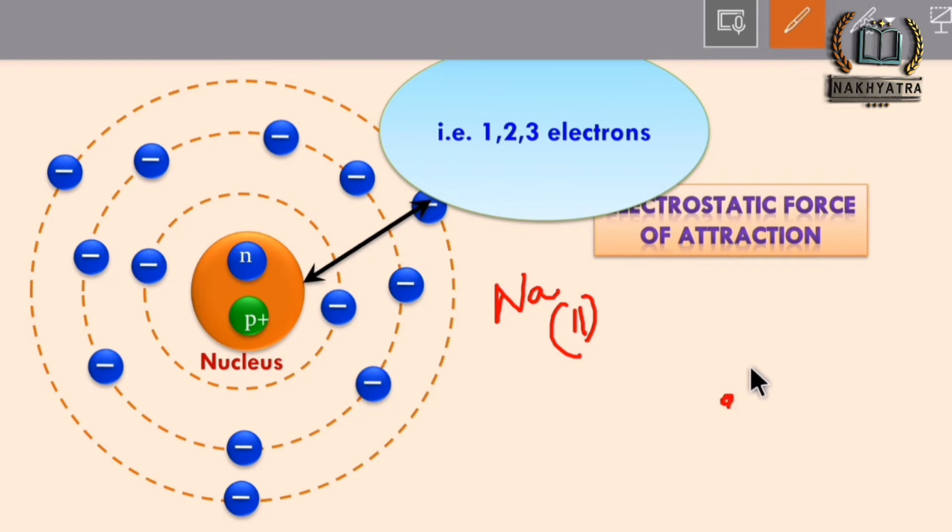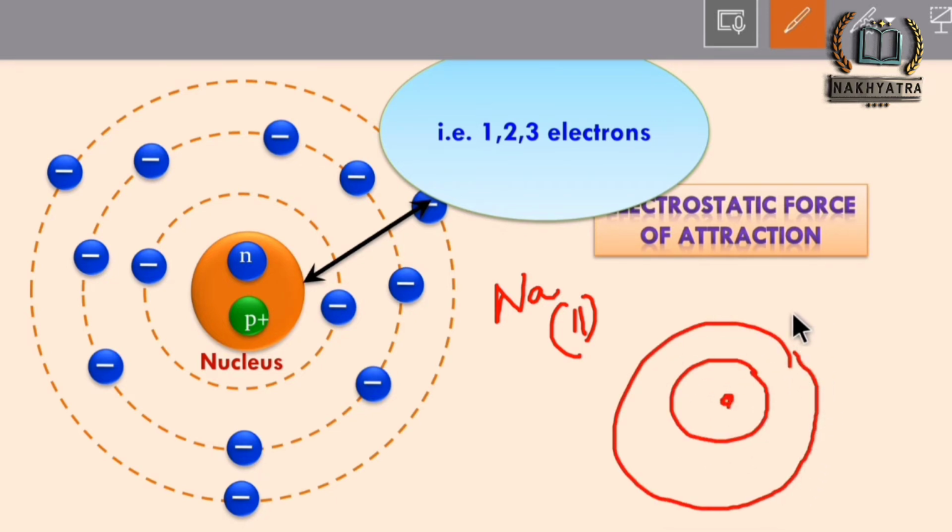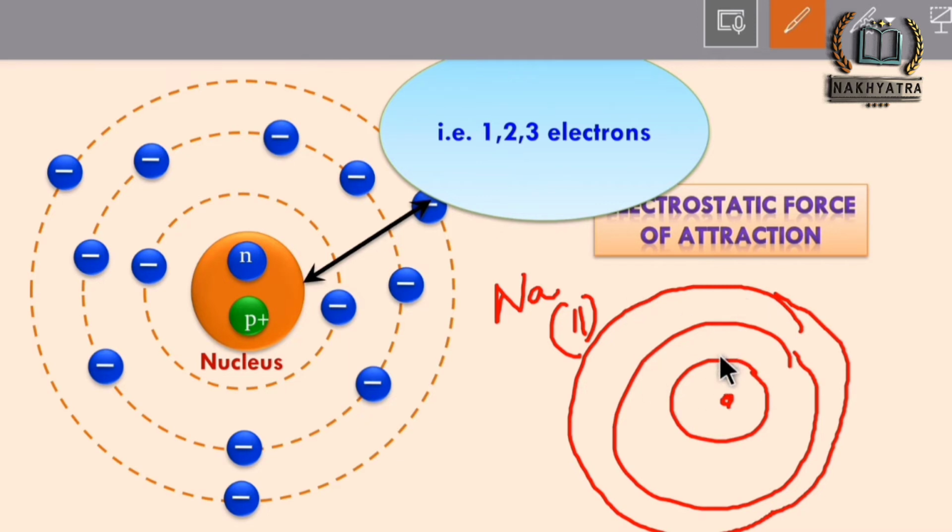Let's fill the cells. First cell, second cell, and this is the third cell. Filling up the cells. So see, there are 11 electrons, and in the last orbit, there is only one electron.